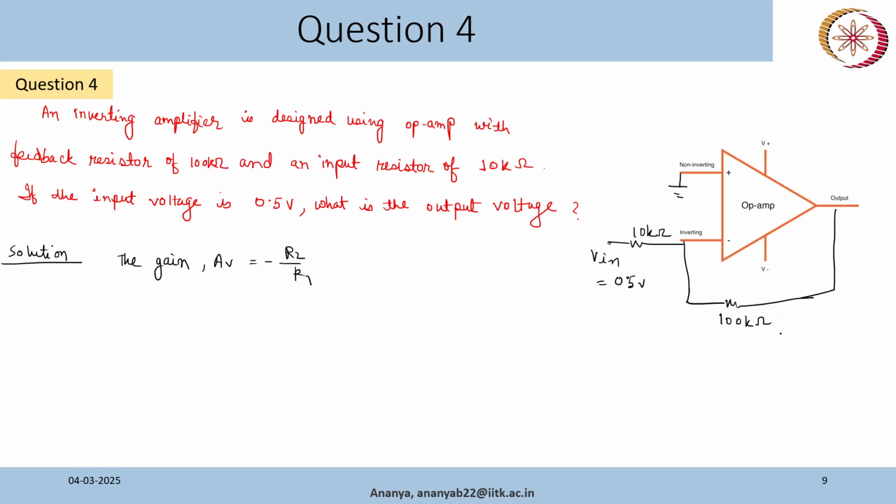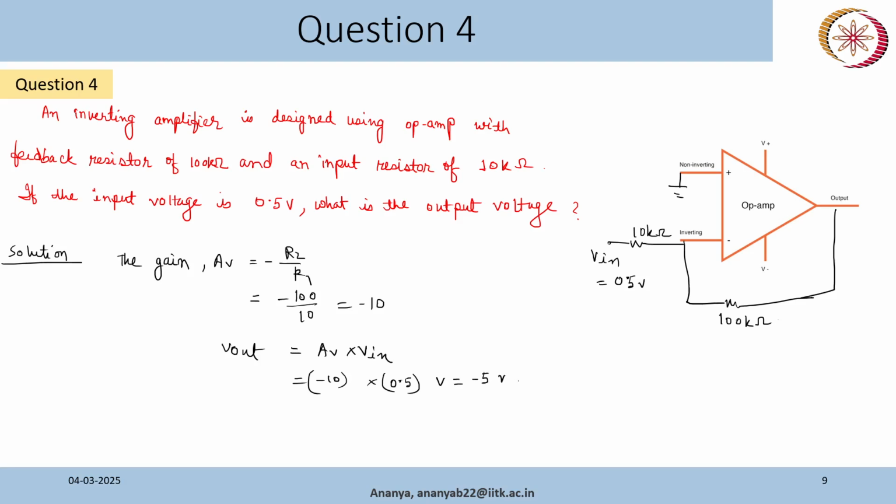So this is 100 kilo ohm, and the gain will be minus 100 by 10, so this is minus 10. So V out will be AV into V in, so it is minus 10 into 0.5 volt, which is equal to minus 5 volt.